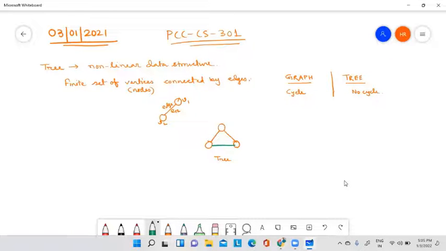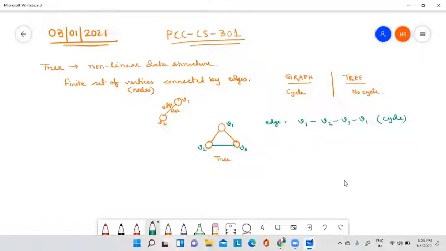Because from this particular vertex you can reach this vertex, then reach this vertex, and then get back to the first vertex. It means there is an edge starting from a vertex and also ending at that vertex. This type of thing is called a cycle.